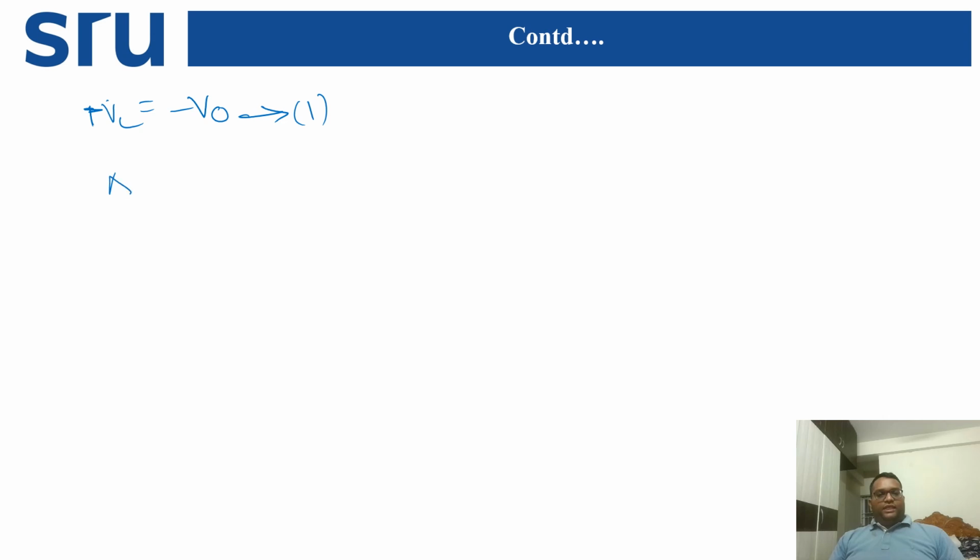Now, as we know, here also we have to write delta IL is equal to I maxima minus I minima. Let us take this as equation number 2. Now, what is VL? VL is equal to minus V naught.